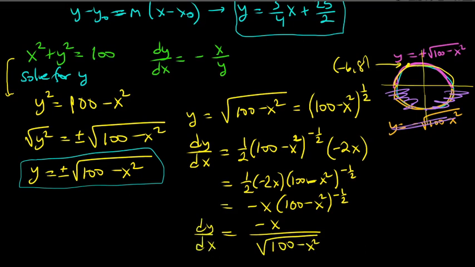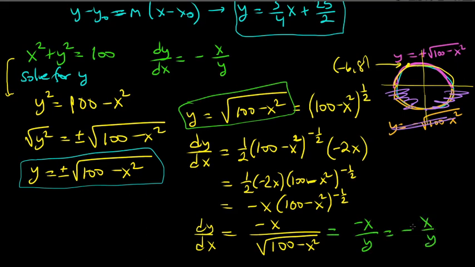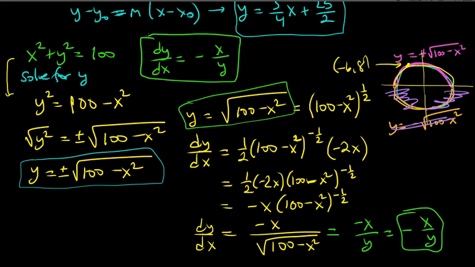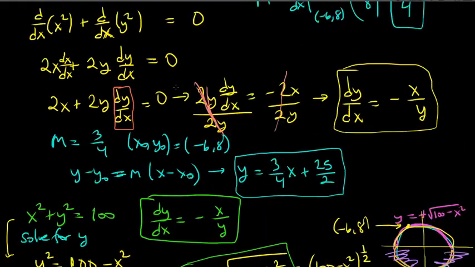And in fact, you'll notice that it's equivalent. What is the square root of 100 minus x squared? Well, that's just y. So in the end, this is just negative x over y. And you can see it's the same answer we got by using implicit differentiation.